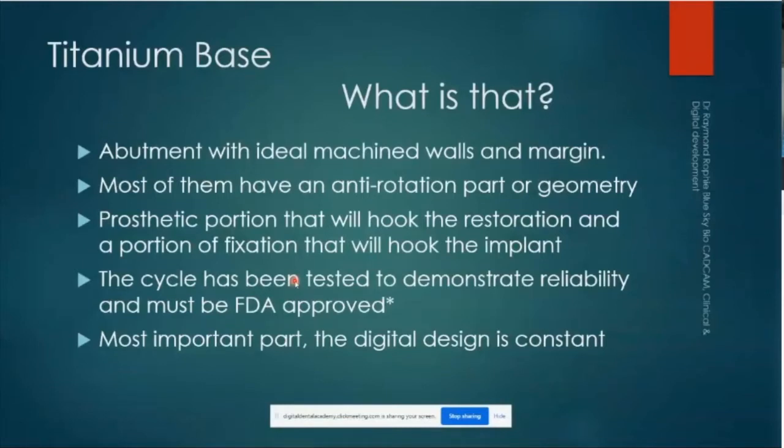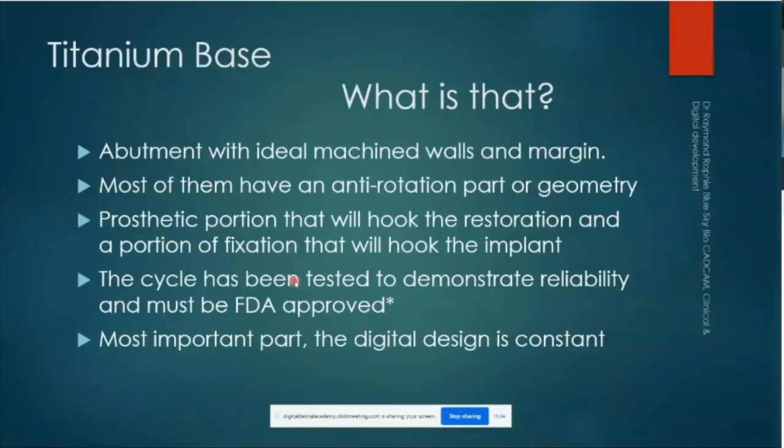Besides that, most of them will be cylindrical, and they will have an anti-rotation part or geometry to prevent the rotation of your restoration. I will divide the titanium base in 2 parts. One will be the prosthetic portion, which will be from the margin on top to the screw channel, with all the parallel walls and everything.